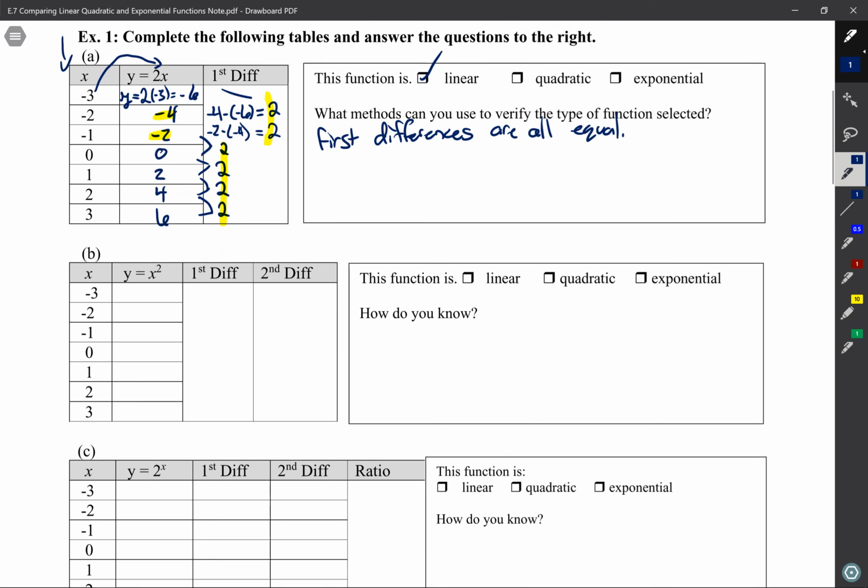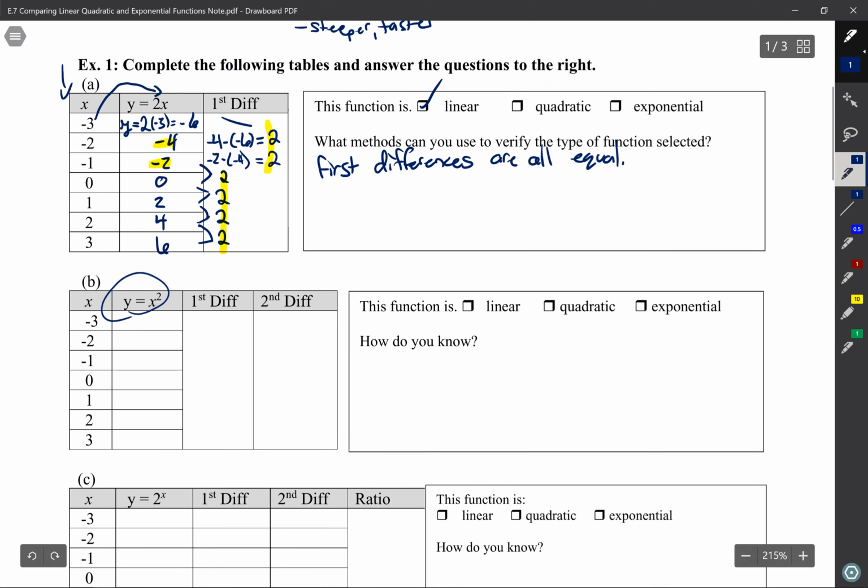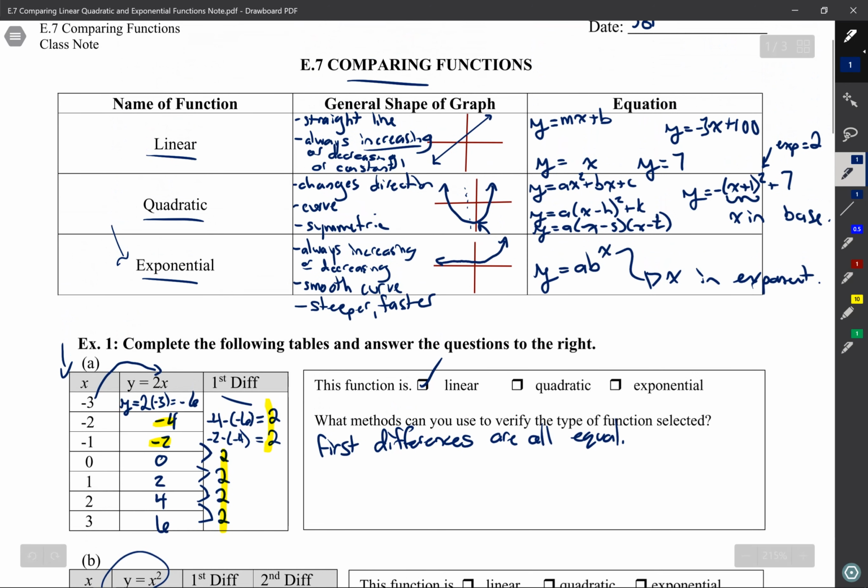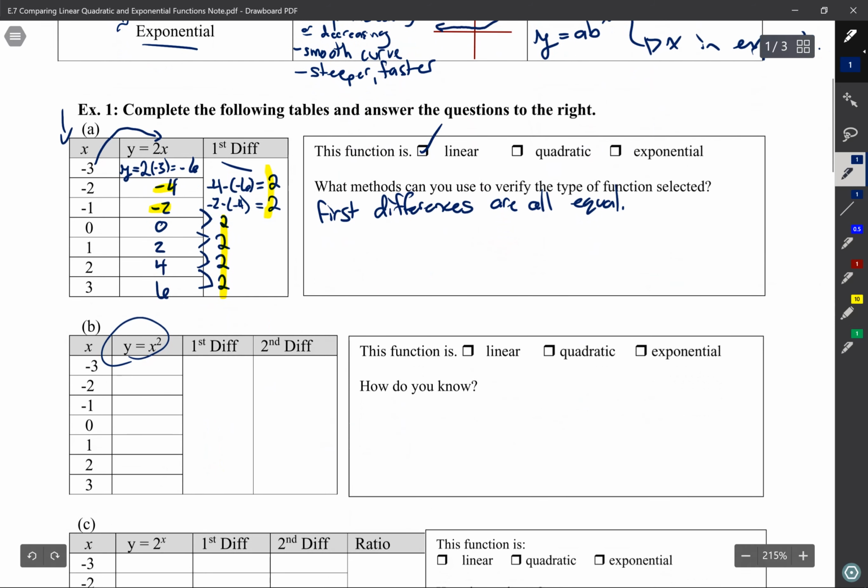Next, I have an equation y equals x squared. Again, I can tell right from my equation, this looks very similar to our quadratics, and I notice that my exponent is in fact a 2. So it will be quadratic, and we'll see exactly how that ends up looking.